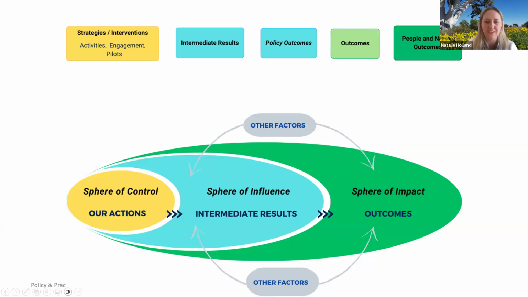TNC as an organisation doesn't get to make a policy decision. We can try to catalyse, we can promote, we can try to facilitate, we can try to influence and support policy decisions, but ultimately it's the policymakers who make the decision and take the action that we're trying to achieve.